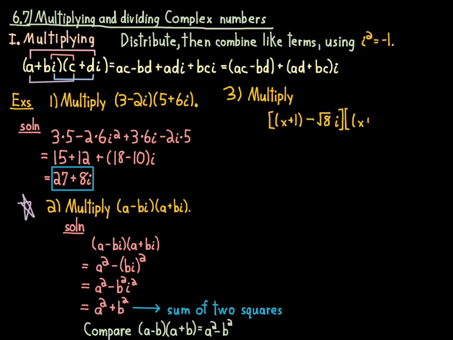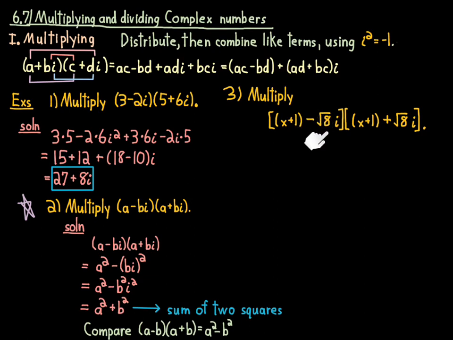So here's an example. These are conjugates, right? a here is x plus 1. b is square root of 8 i. So I have a minus b times a plus b. So I'm going to get a squared plus b squared. b is just the coefficient of i.